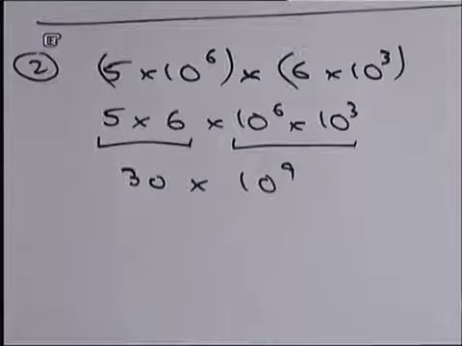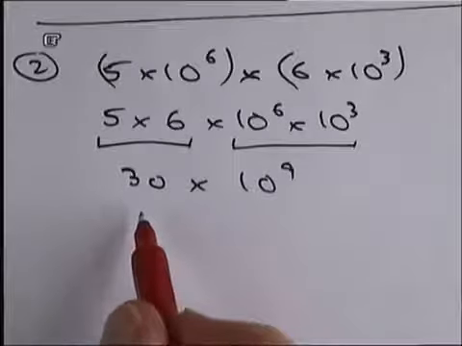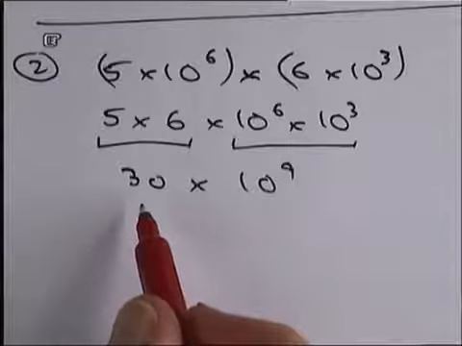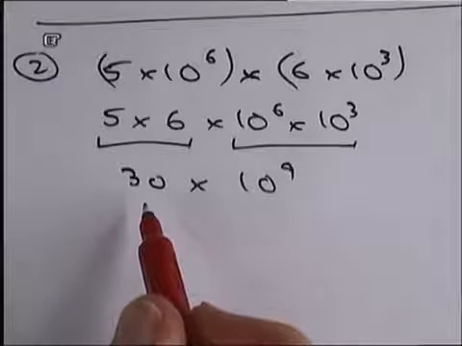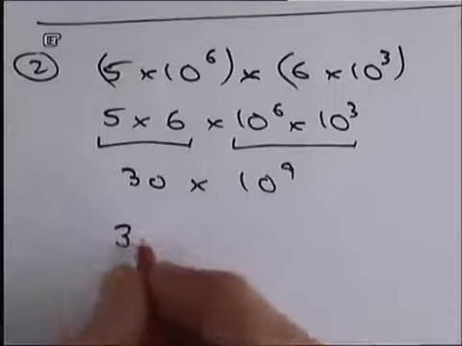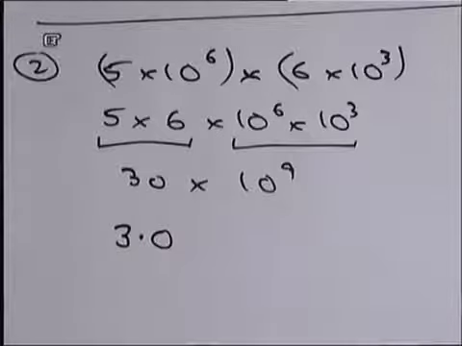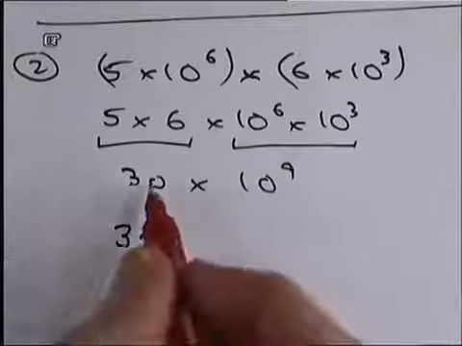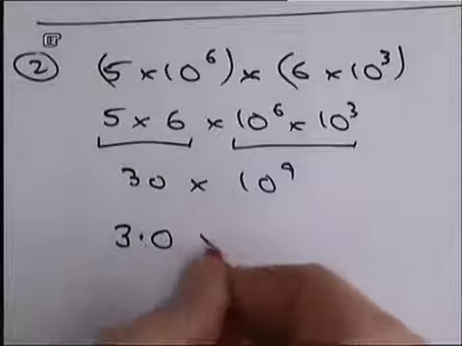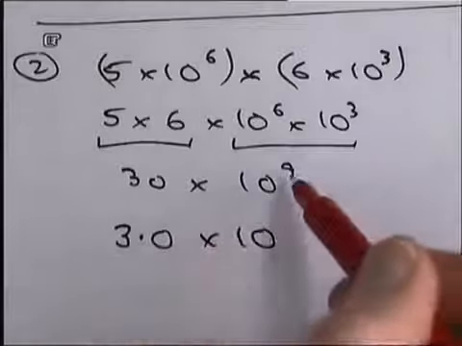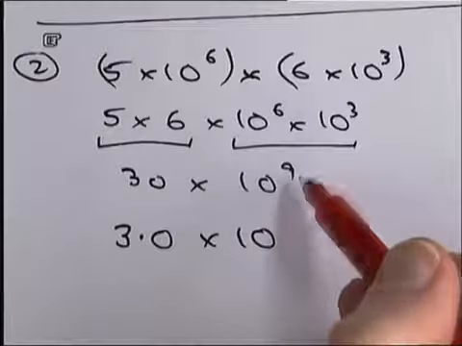And it's very tempting to think that's your final answer, but actually it isn't. Because in standard form, this number here has to be between 1 and 9, and 30 isn't. 30 is too big. I have to change that number to 3.0. And if I make this number smaller, to compensate, I need to make the power bigger.